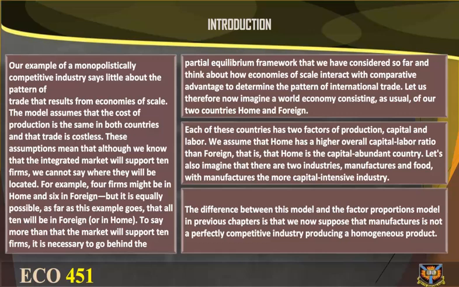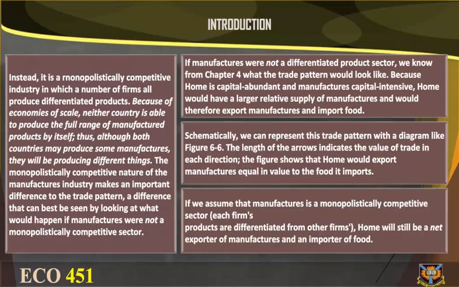The difference between this model and the factor proportions model in previous chapters is that we now suppose that manufactures is not a perfectly competitive industry producing a homogeneous product. Instead, it is a monopolistically competitive industry in which a number of firms all produce differentiated products. Because of economies of scale, neither country is able to produce the full range of manufactured products by itself.